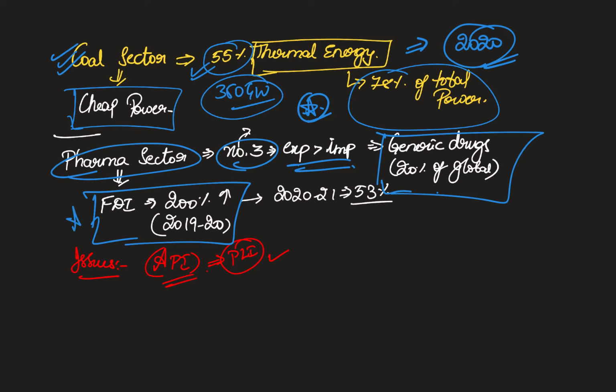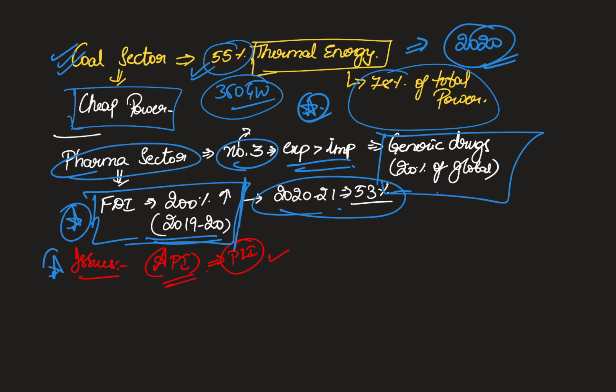If you take a look at the FDI inflows just before the second wave of the pandemic, there was a 200% increase in FDI into India, and this is continuing even after 2021, at 53%. I mean, this itself is a huge growth, and based on that, 53% more is definitely a very good sign.